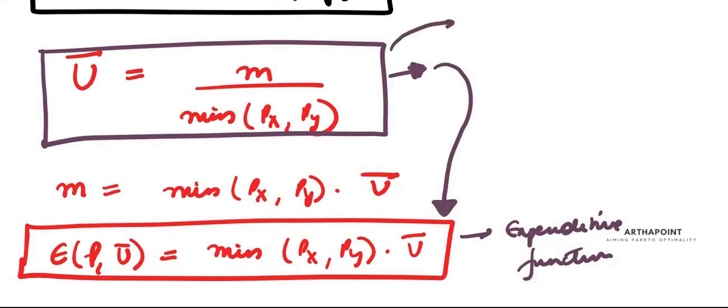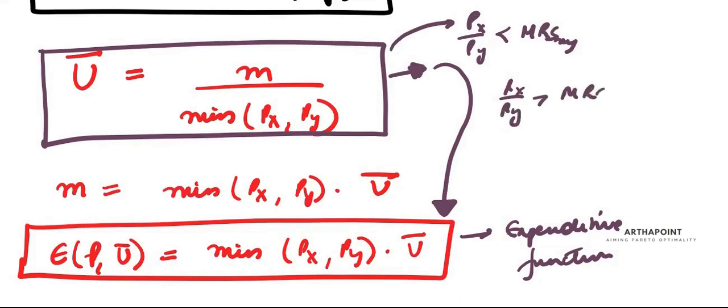But this in the background had various cases, Px by Py less than MRS, Px by Py greater than MRS, etc. You have to understand all these cases very well.